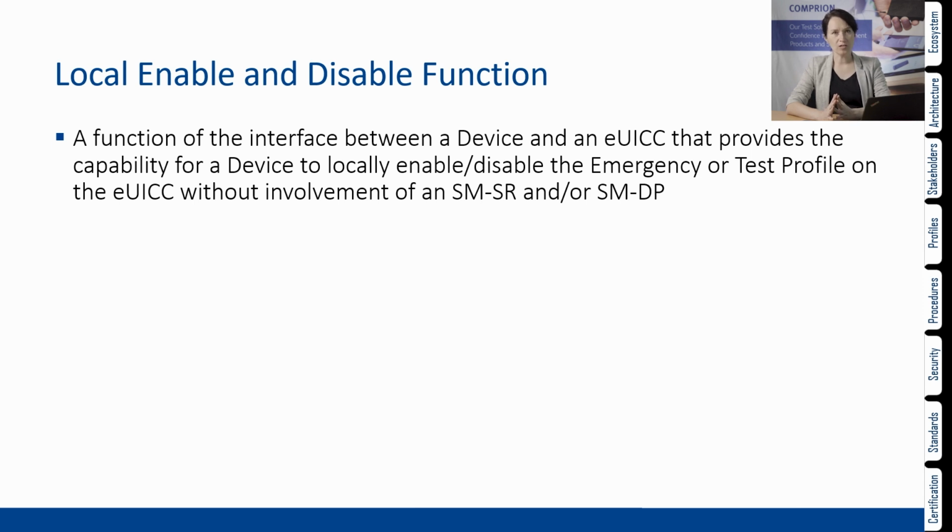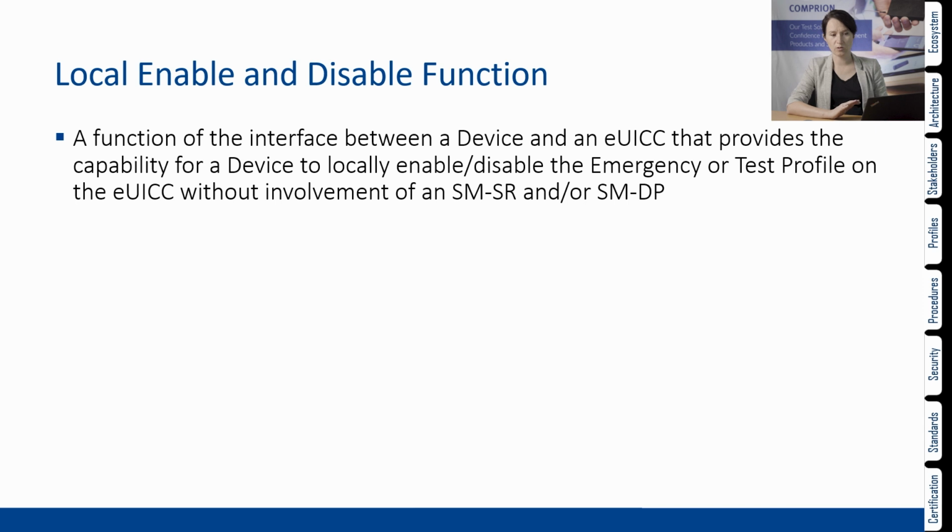These are new functions related to version 4, so 4.0, 4.1, 4.2 or later versions of the SGP specifications. These are functions of the interface between a device and an EUSSC that provides the capability for a device to locally enable and disable the emergency and test profile.